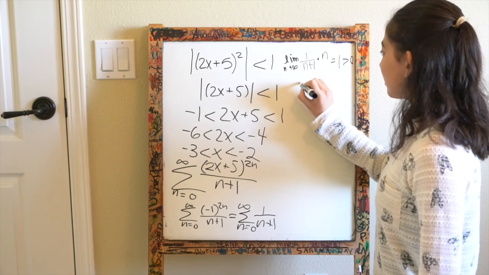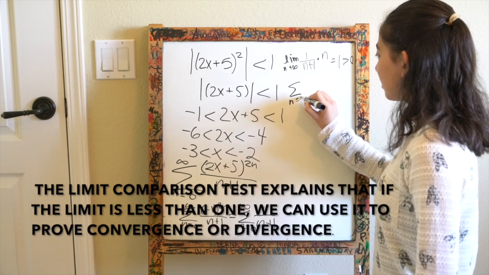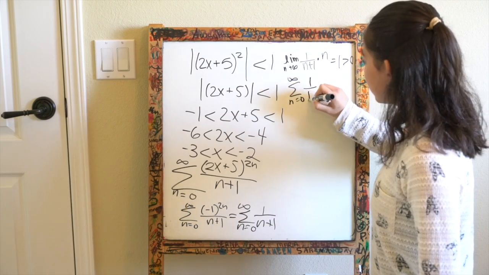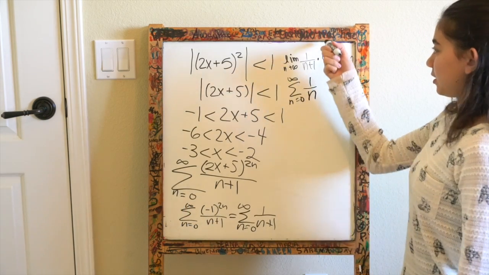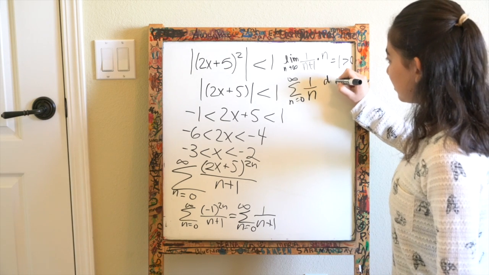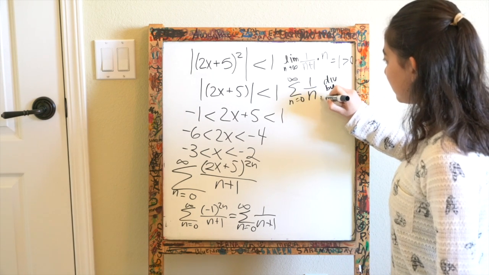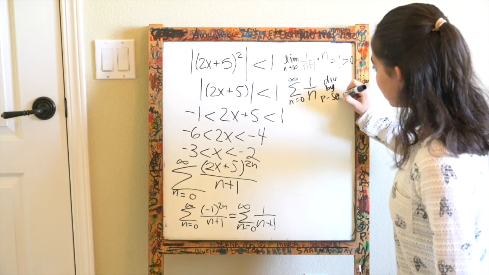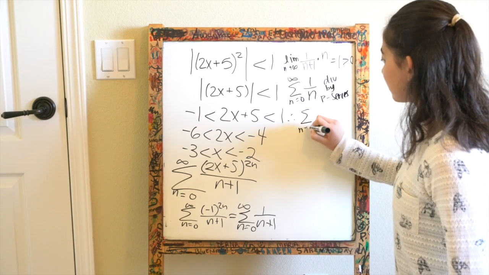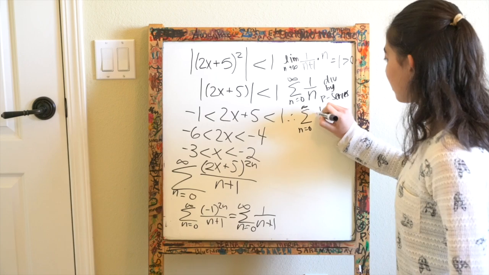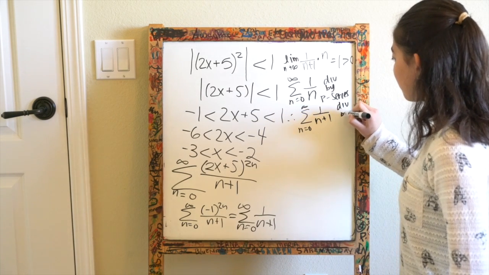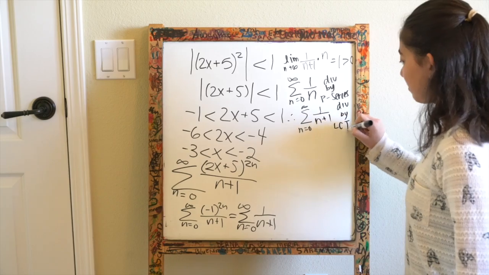And then find the summation from n equals 0 to infinity of 1 over n, because you times it by n, and it'll be divergent by the p-series. So therefore, the original summation diverges by LCT, limit comparison test.